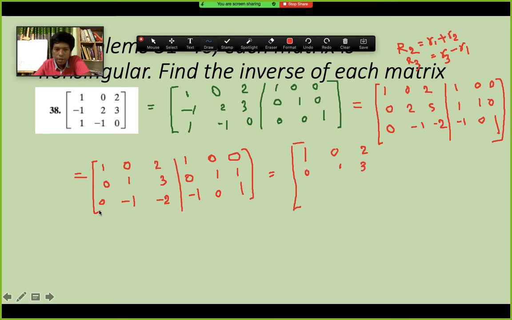Then if we add these two rows, it becomes 0 here, 0 here, and 1 here. We are adding this to the last line, so it is minus 1, 1, 2. The other things will remain the same: 0, 1, 1, 0, 0, 0, 1, 1.